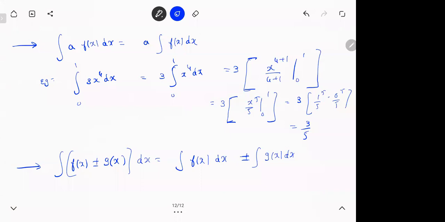Let me take an example. Again, this is also similar to differentiation.